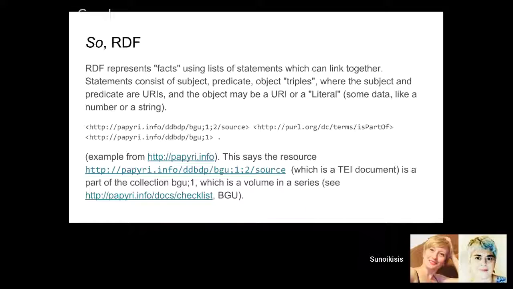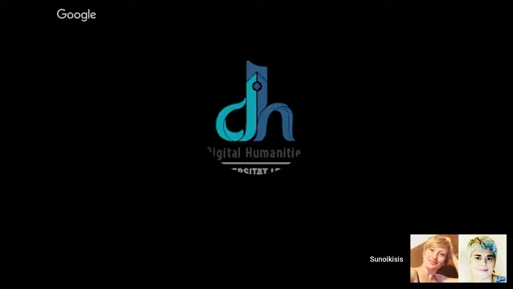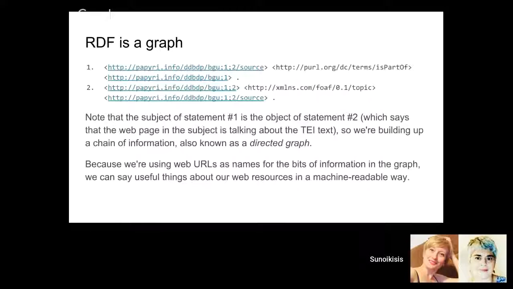It's just a fact, and it's a simple statement. What you can do, though, is you can link these things together. RDF forms a graph, or you can think of these as chains of statements.